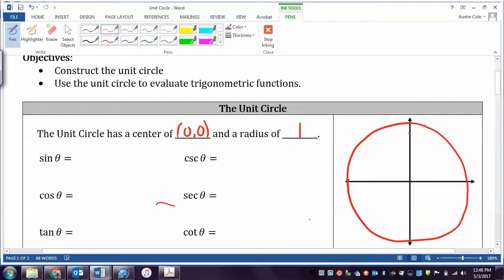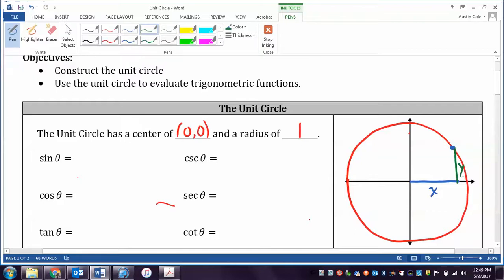Okay. Now I'm going to pick a point. Let's just pick this point right there. We already know this, but this distance, that point, is over this many units, right? That represents our x. We went over that many. And this represents our y.